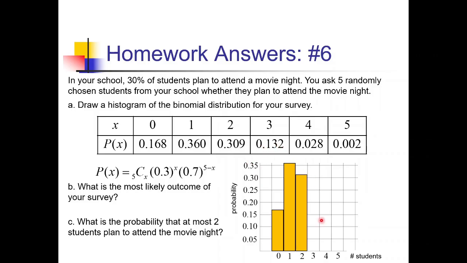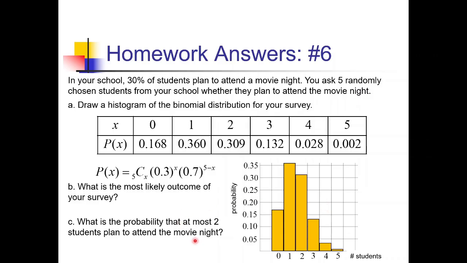This is 0.132, so somewhere down here. And then for 4, we have 0.028, that's like 0.03. That's somewhere halfway between that. And then we've got 0.002, which is practically 0 for our purposes. We'll just put a little kind of honorary bar there. And there is our histogram.